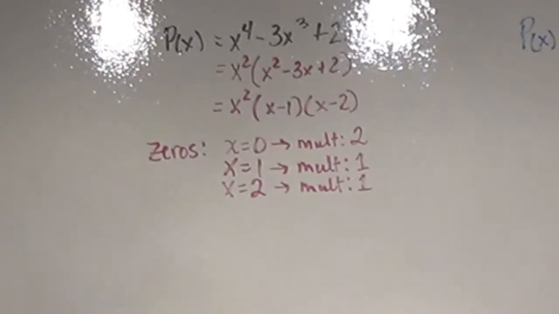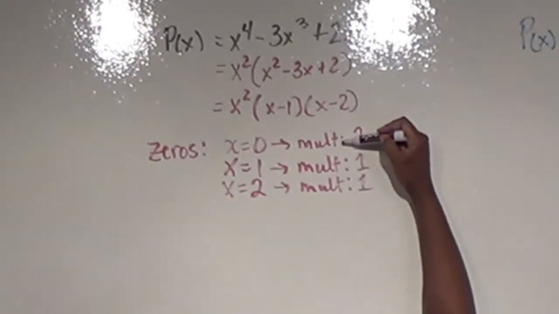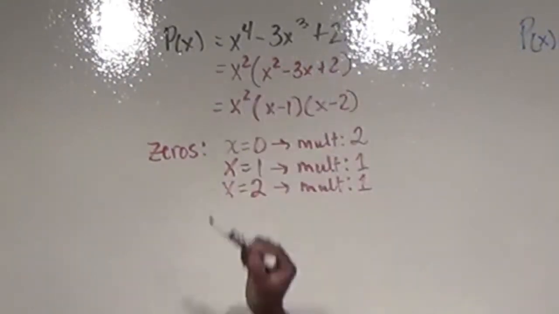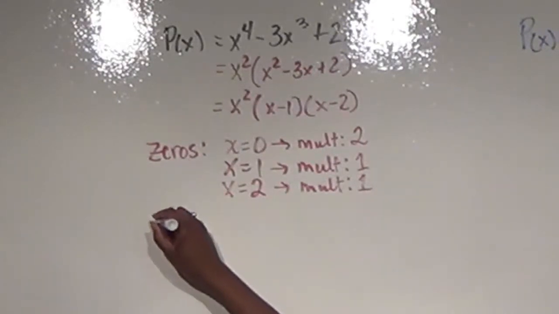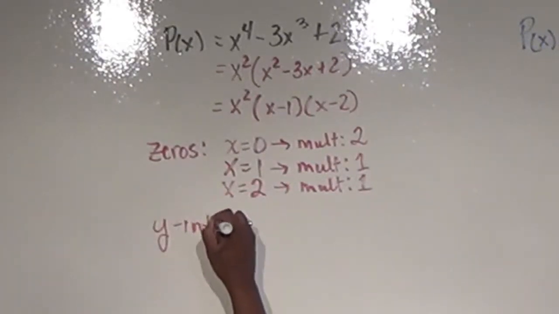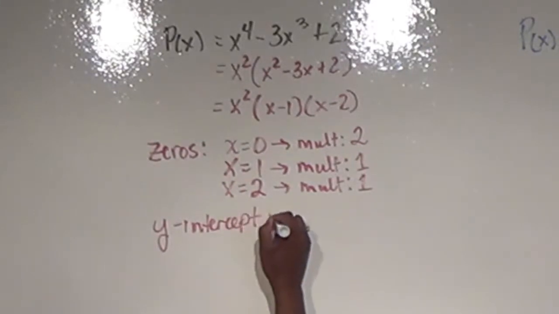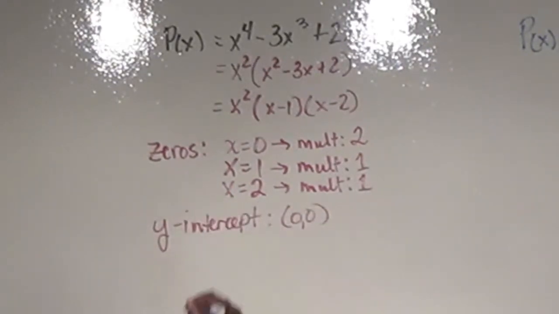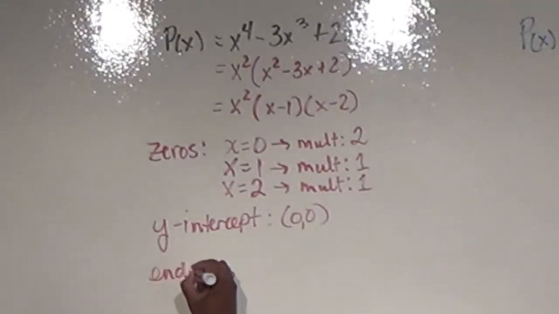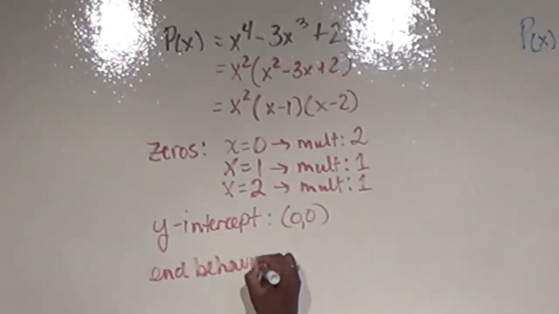Again, we should notice when x is 0, my y-intercept is also 0. And for our end behavior, this one is easier to see because we have the polynomial form.